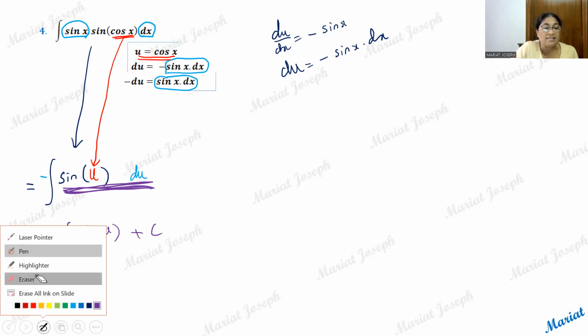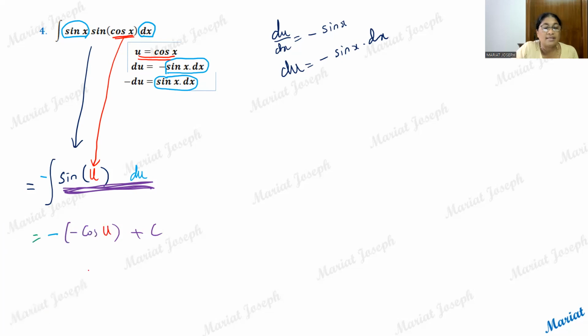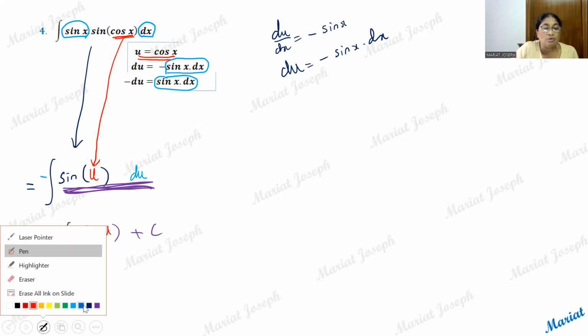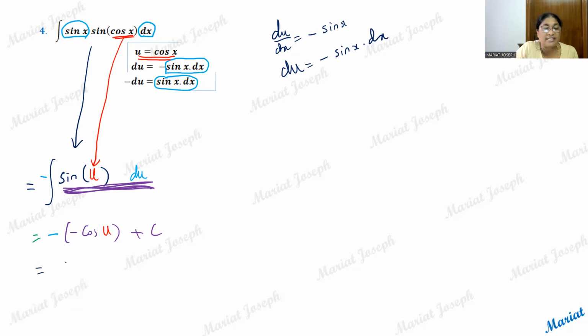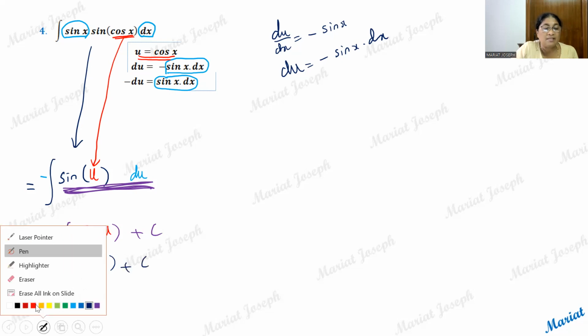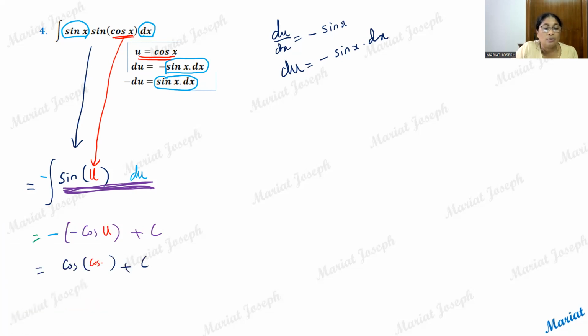Now you have to replace u. U was cos x. And also, minus of minus is positive. Cos of cos x plus c. Replace u. Cos of cos x plus c. This is the answer.